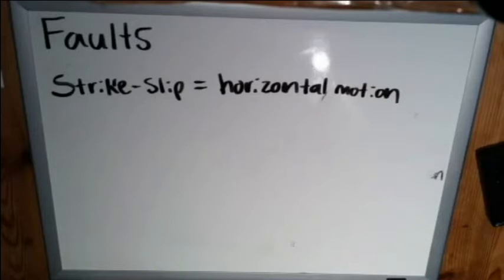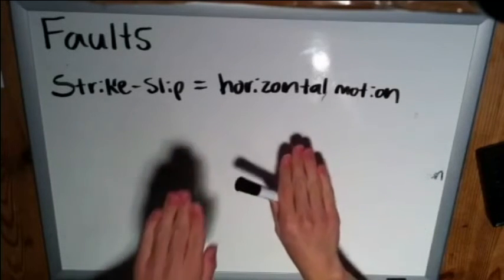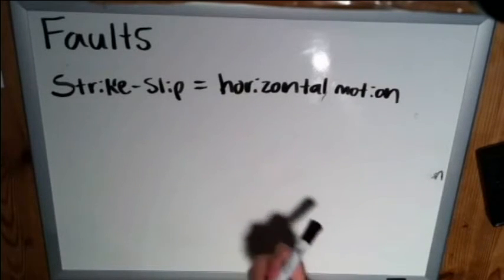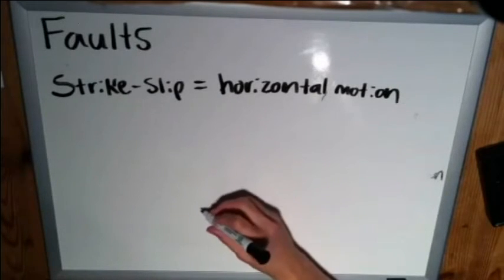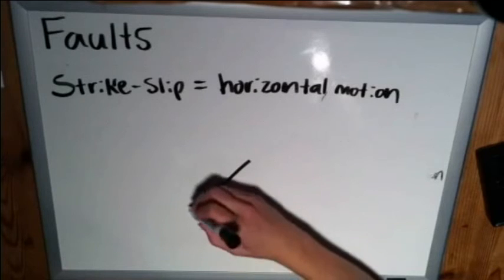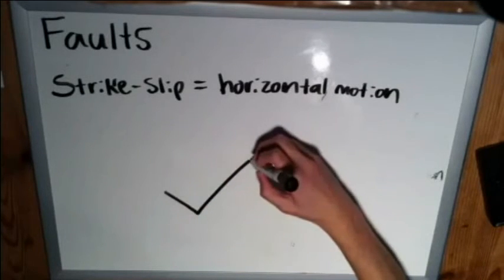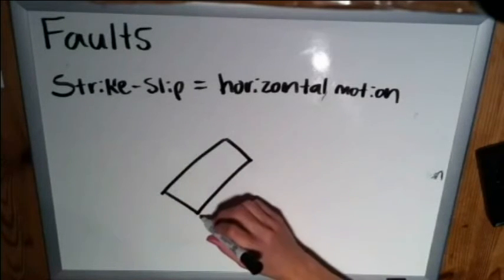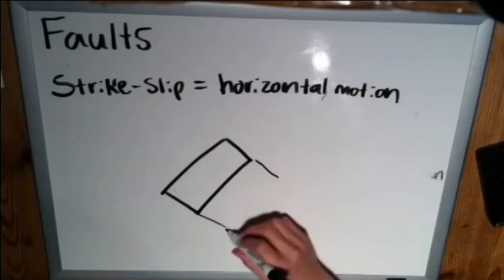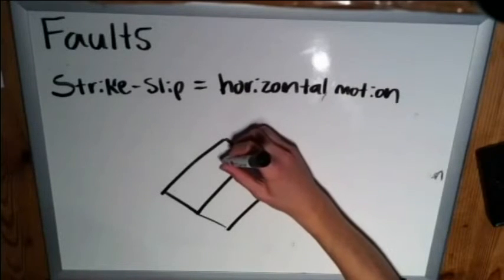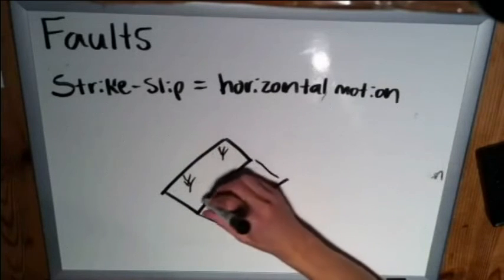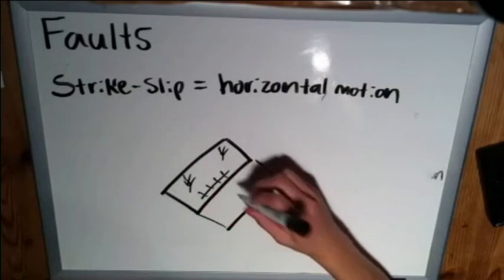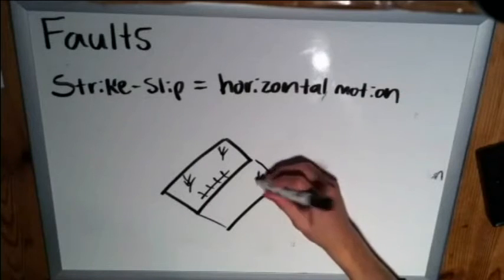So basically, instead of having one piece moving up and one moving down, you'll see that one is pushed to the left and one is pushed to the right. So if we've got, here's our fault line, and then we've got some land here and some land here on both sides. Yeah, maybe we've got some happy little trees in there. Maybe a fence. Just drawing stuff at this point.